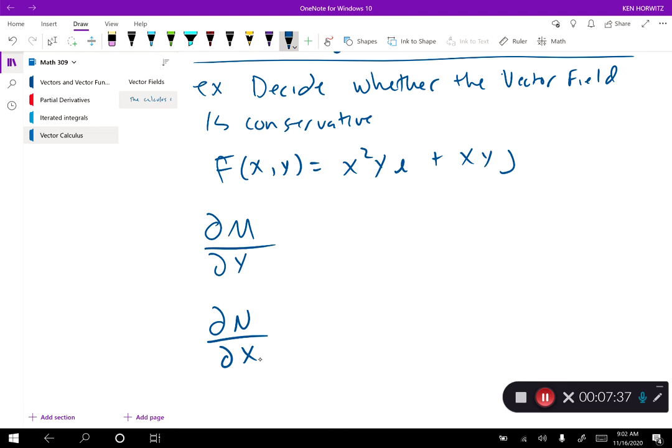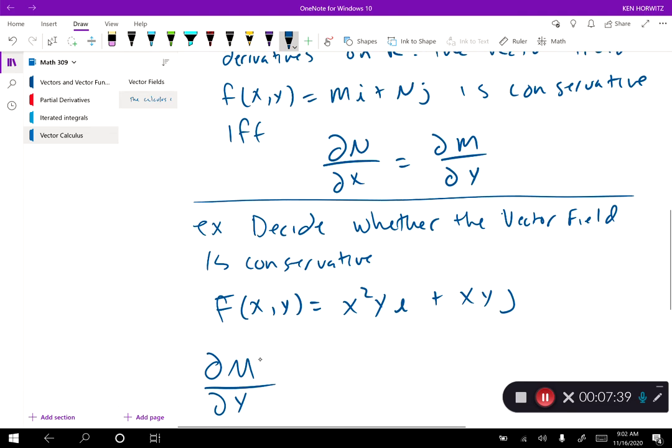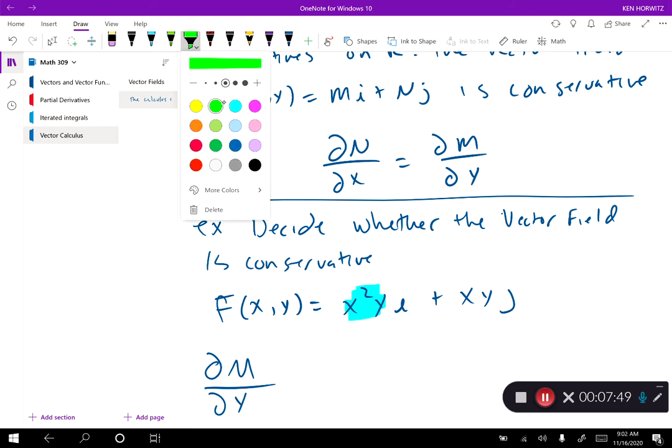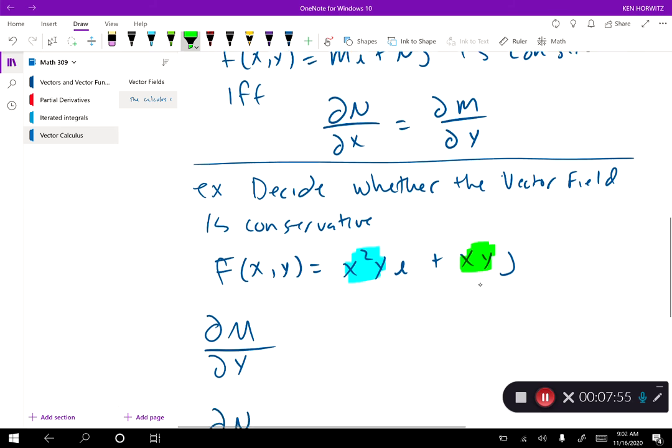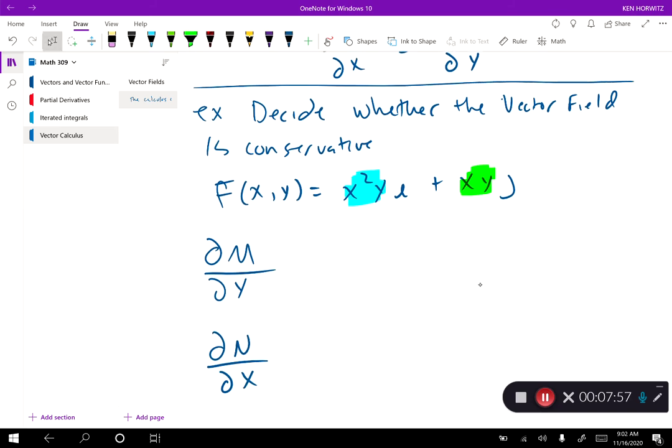According to the definition, here is M and here is N. So my partial of M with respect to y, the derivative with respect to y of x squared y, equals just plain old x squared.